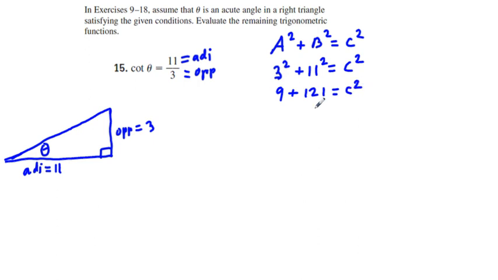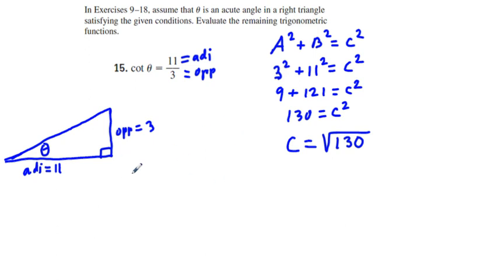And adding 9 and 121, we have 130 is equal to c squared. And then, taking the square root of both sides of this equation, we have c is equal to square root of 130. And I think that's going to be as simple a radical form as we're going to make this.